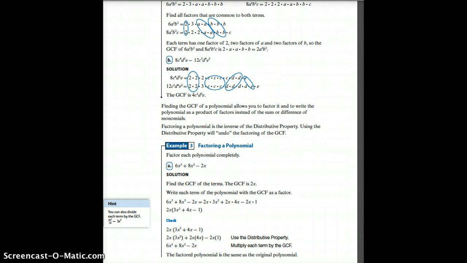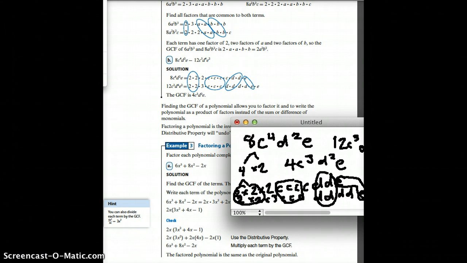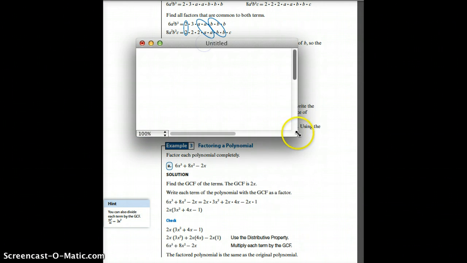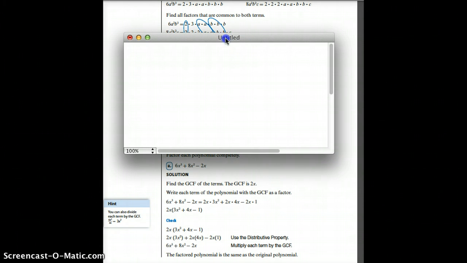Okay. For me, the key for this is to think in terms of taking out everything that each of the terms have. And remember, in the last cumulative assessment, we were thinking about terms and what terms were.